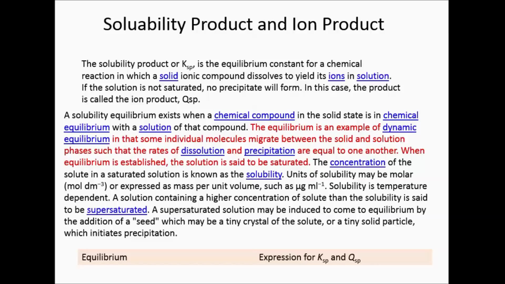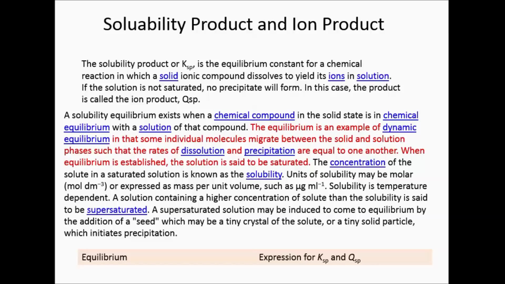The equilibrium is an example of dynamic equilibrium, in that some individual molecules migrate between the solid and solution phases such that the rates of dissolution and precipitation are equal to one another. When equilibrium is established, the solution is said to be saturated. The concentration of the solute in a saturated solution is known as the solubility. Units of solubility may be molar or expressed as mass per unit volume, such as micrograms per milliliter.